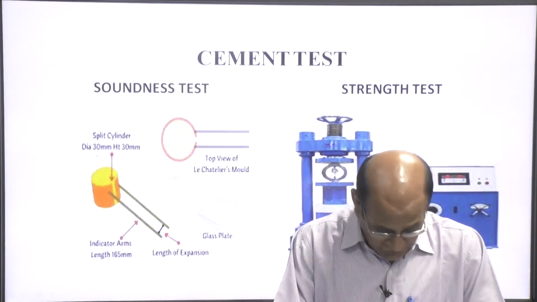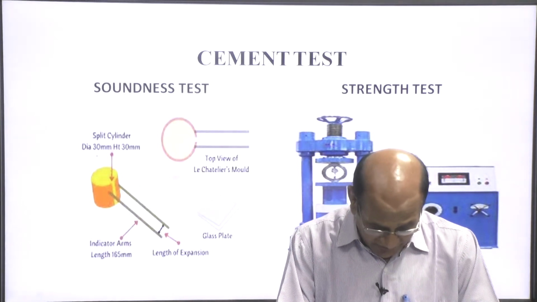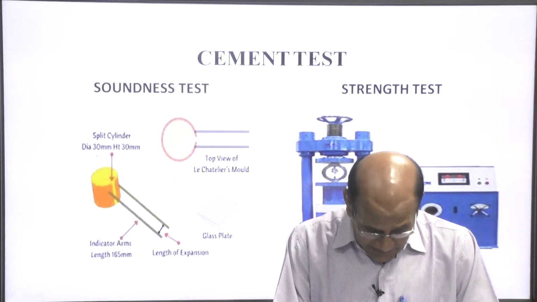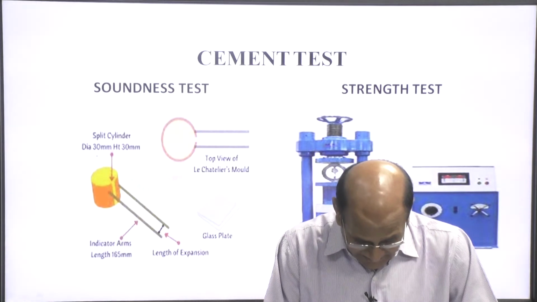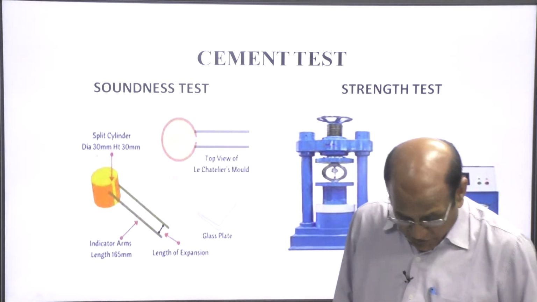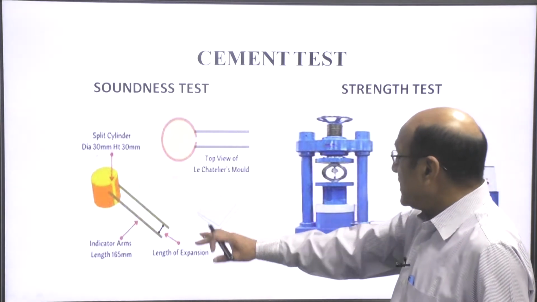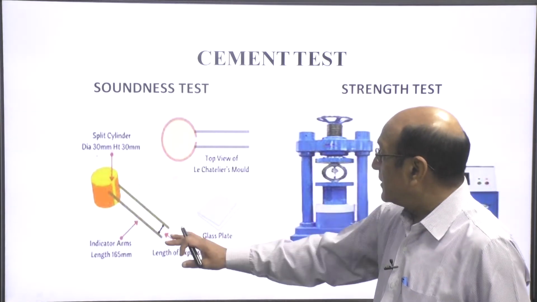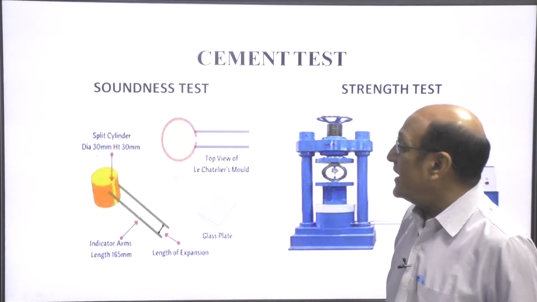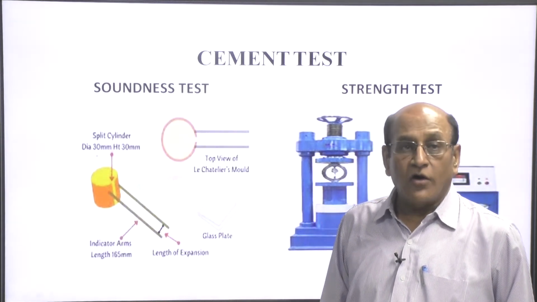Now, the mold is taken out and again submerged in boiling water for 3 hours, cooled down, and the distance between the indicator points is measured. So, the difference between the indicators will show the soundness of the cement.